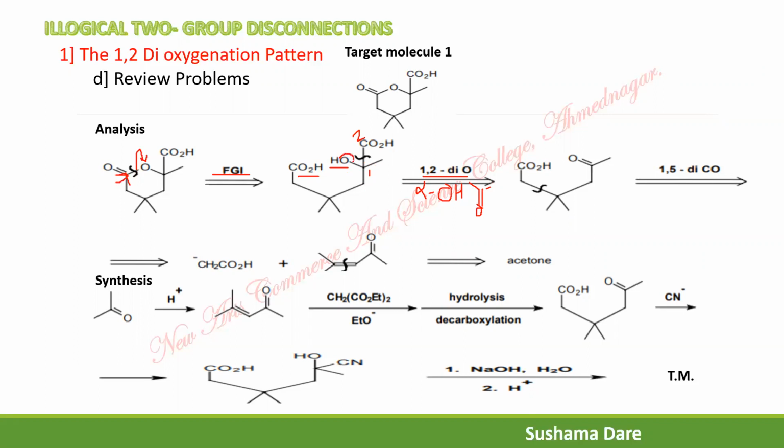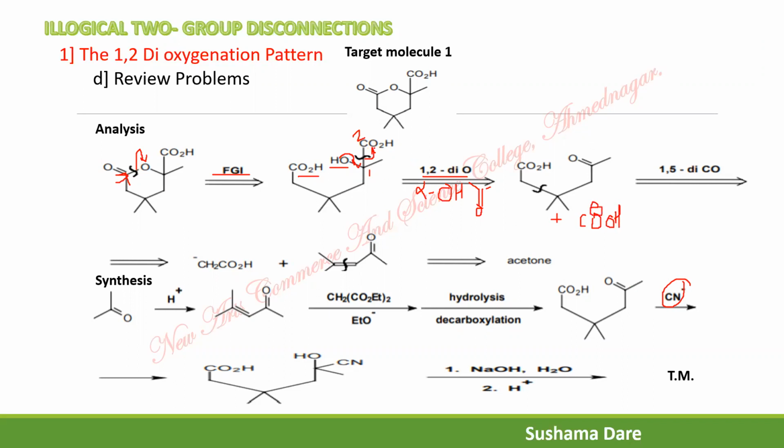That means you have to start the disconnection from this hydroxy group and remove this COOH group as COOH minus. The synthetic equivalent for COOH minus is cyanide, so this plus CN minus.